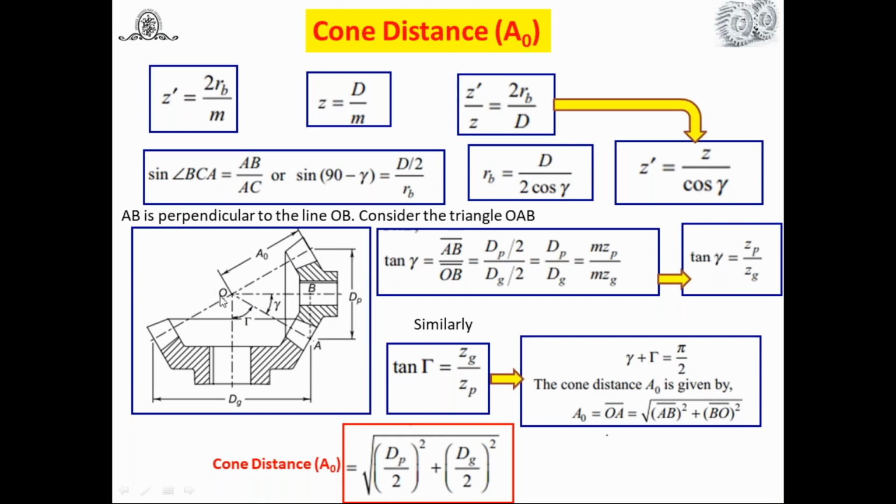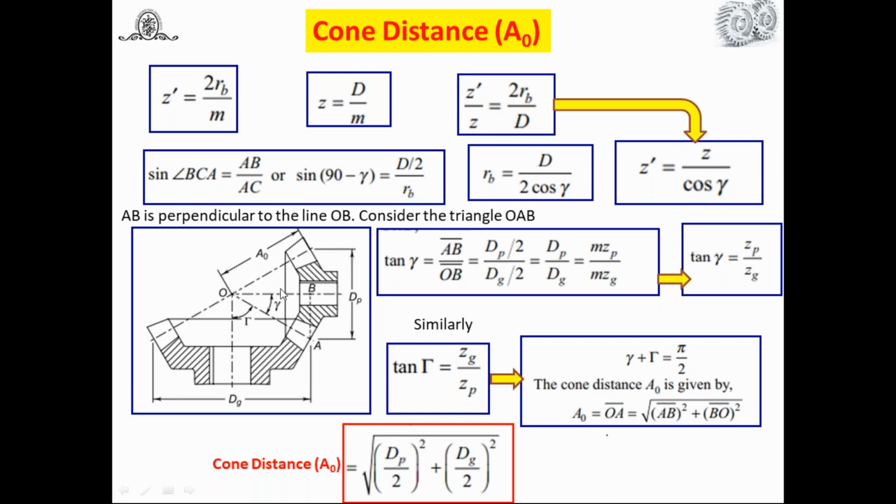If you are going to find out, OA square is equal to AB square plus OB square, Pythagoras, a simple equation. The cone distance OA is equal to under root AB square plus BO square. And what is AB and what is BO, you know very well, that is dp by 2 and dg by 2. You can substitute here. What is AB? dp by 2 square.